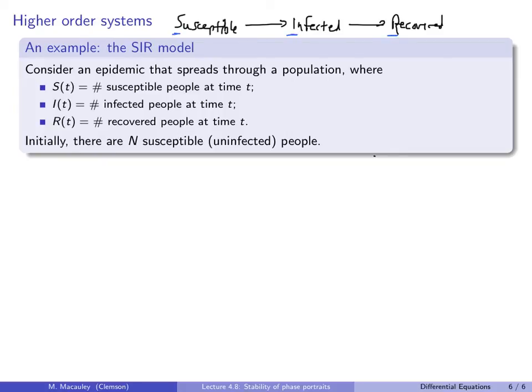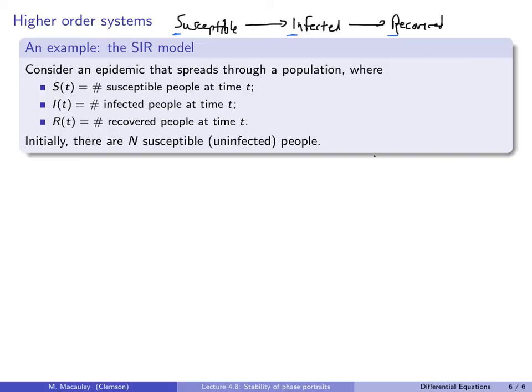And at any time t, let S of t, I of t, and R of t be the amount of people in each of these states. So initially we have n susceptible, unaffected people, and maybe we have one person who's infected, and then you want to see what happens over time. So let's write down some differential equations for this.